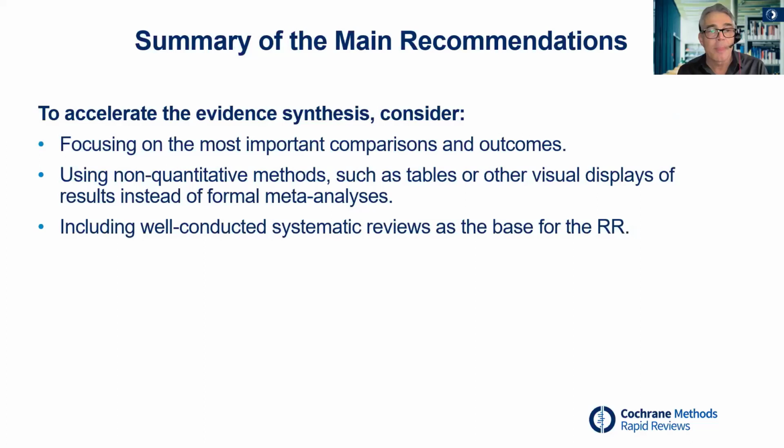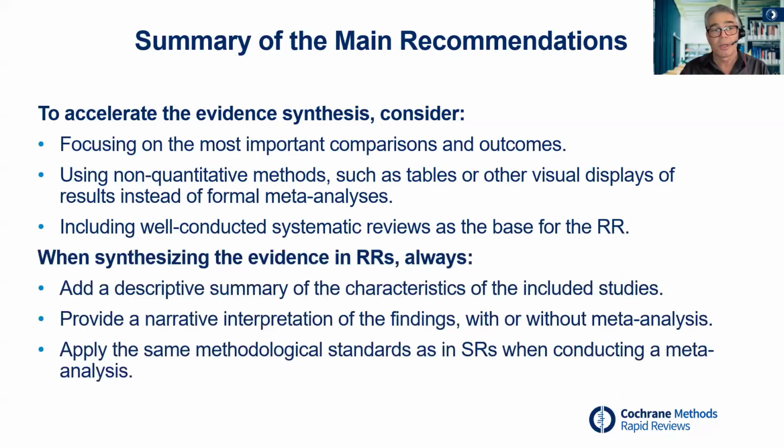So in summary, to accelerate the evidence synthesis, consider focusing on the most important comparisons and outcomes. Consider using non-quantitative methods such as tables or graphs of results instead of formal meta-analysis, and consider including well-conducted systematic reviews as a base for the rapid review.